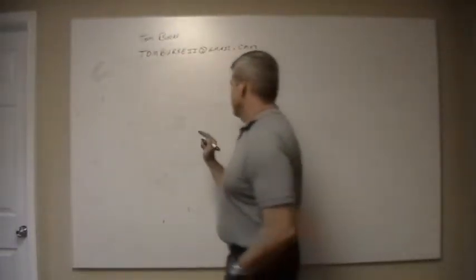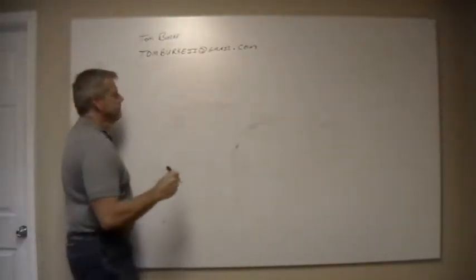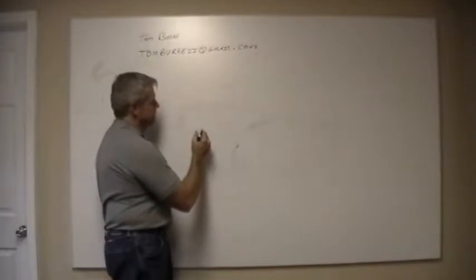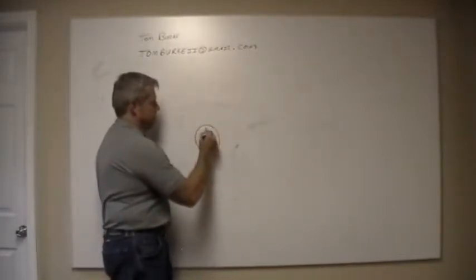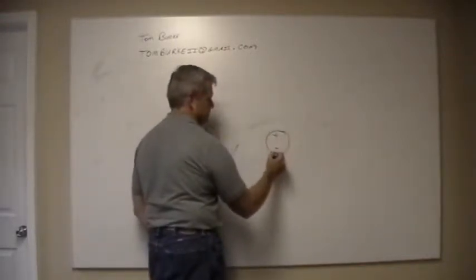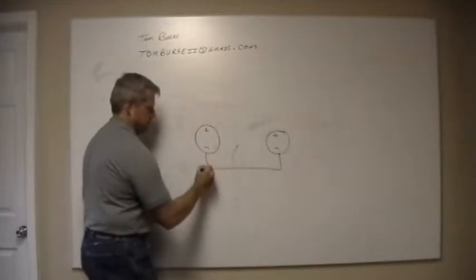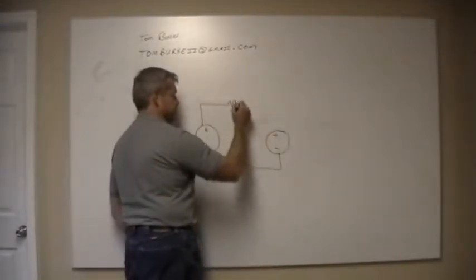So we're going to do something here, and this will become a little bit more apparent in the future. Why we're going to do this one is if I have 2 voltage sources separated by a resistor.